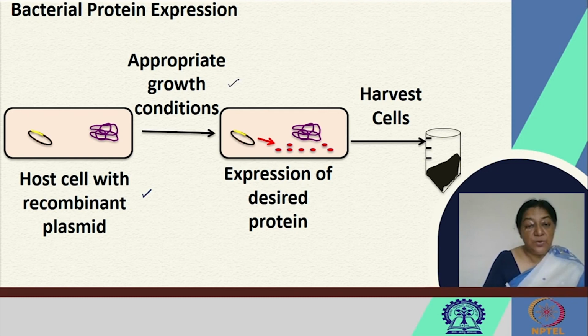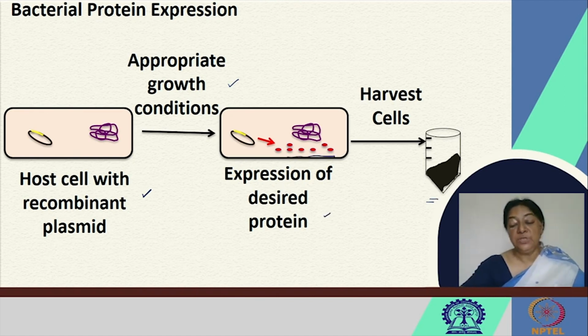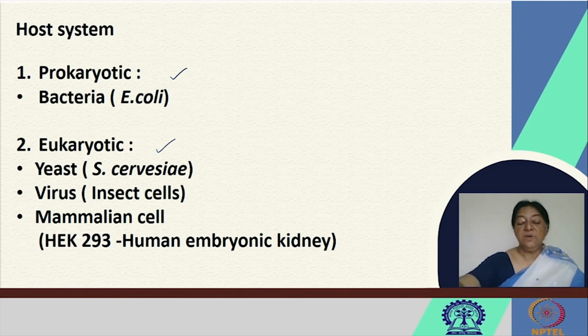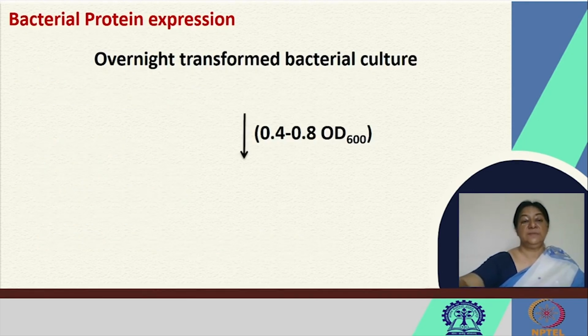Under appropriate growth conditions, we have the expression of the desired protein, and then we can harvest these cells and get our protein of interest. The host system can also be prokaryotic or eukaryotic, where we can have bacteria for the prokaryotic host system, and for the eukaryotic host system we can have yeast, virus, and several types of mammalian cells.